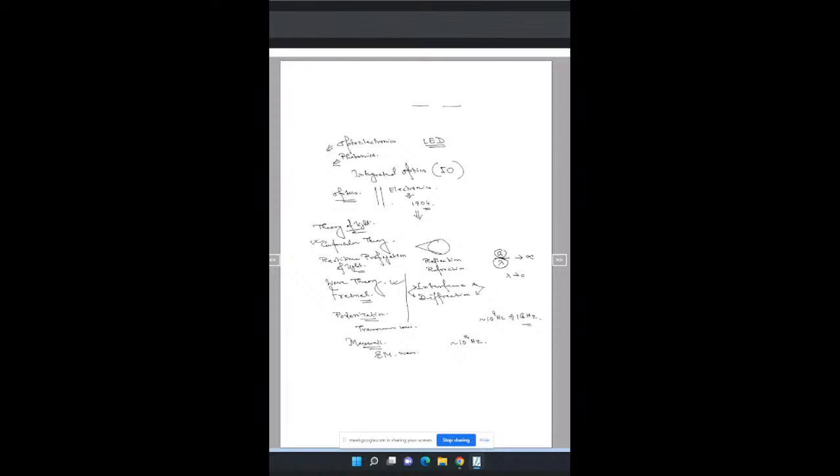And Maxwell said that like any other radio wave, in an electromagnetic wave you have the E vectors and the magnetic field vectors, and they are perpendicular to the direction of propagation, the direction in which the wave travels. So he said that light should be viewed as an electromagnetic wave. And all these phenomena which light exhibited could be explained with the help of the existing theory of light, right?